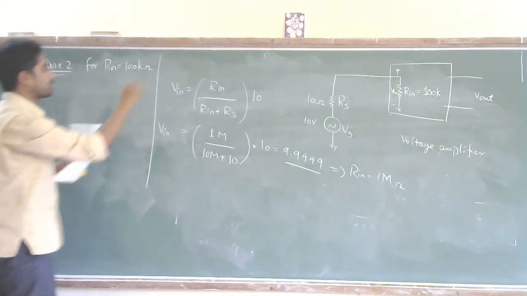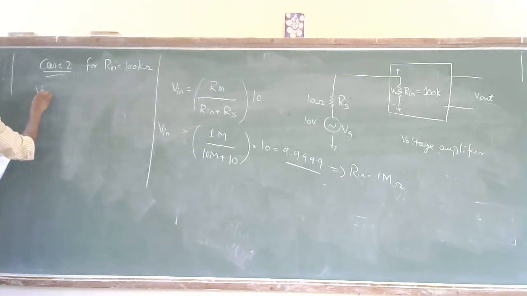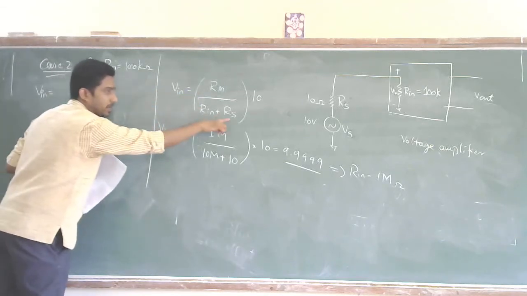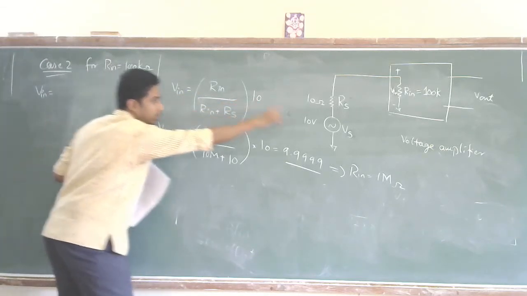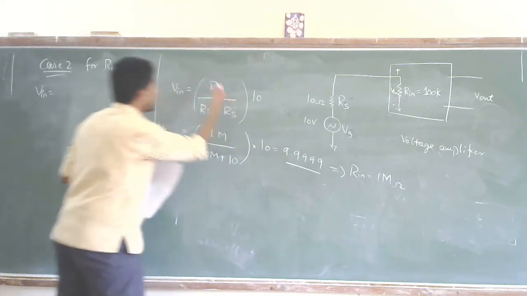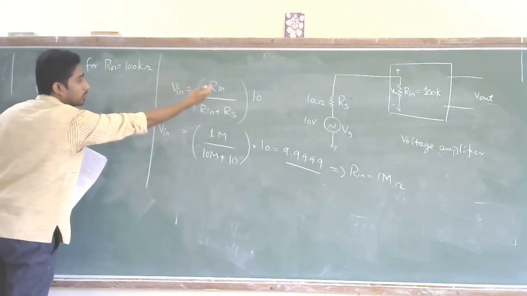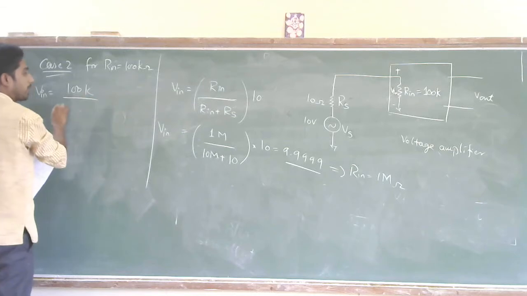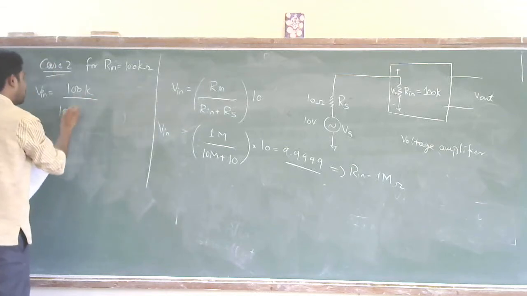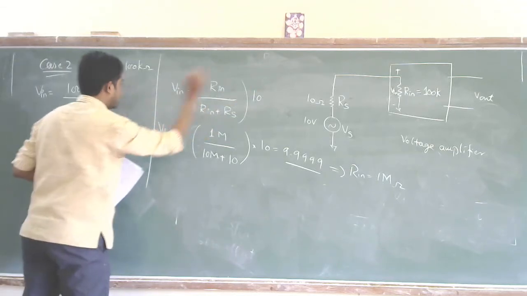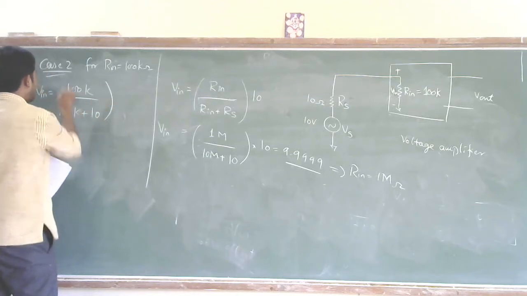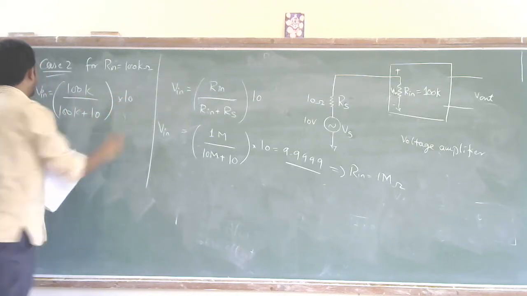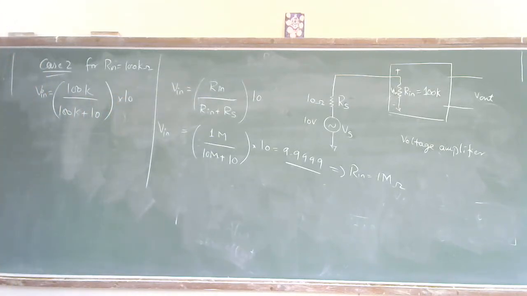Again the same voltage division formula: Vin is equal to Rin divided by Rin plus Rs multiplied by 10, because our main source is 10 volt. So we will substitute the value. Now the new value of Rin is 100 kilo ohms, divided by 100 kilo plus Rs, which is not going to change, multiplied by 10. Quickly, now what will be your Vin value?